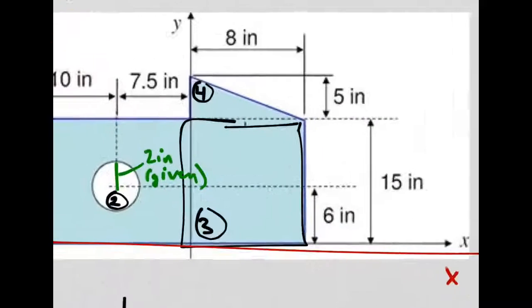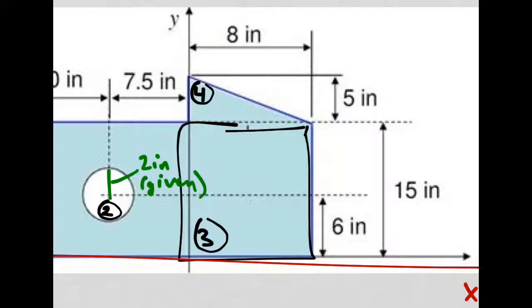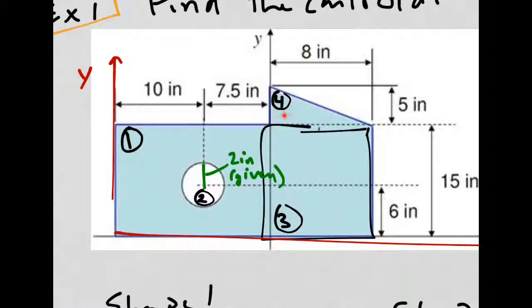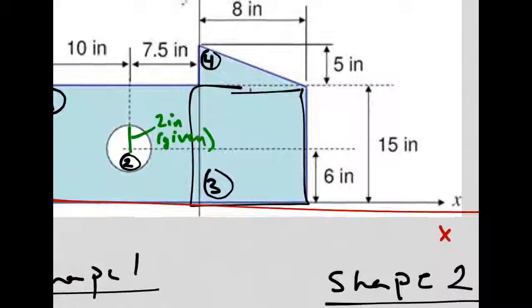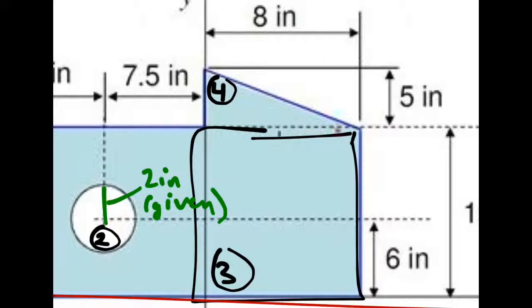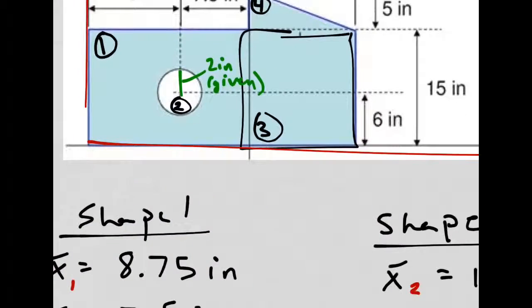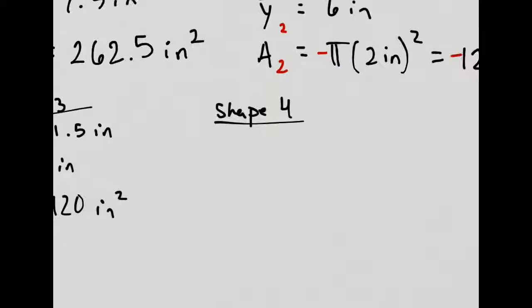So, what we got? Whatever we get for x bar and y bar, we're going to have to add the x bar to 17.5, and the y bar, that's this distance, we're going to have to add to 15. So x bar is just 1/3 times the base, 8 inches, so that'd be 8 over 3.